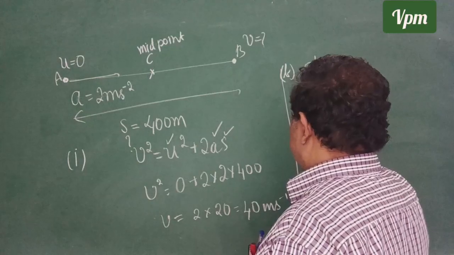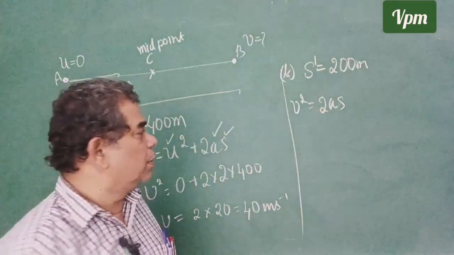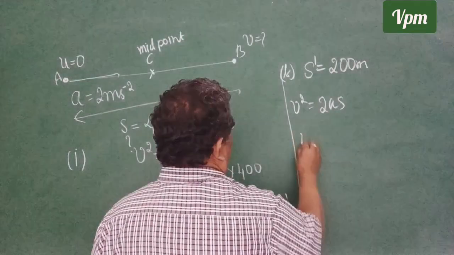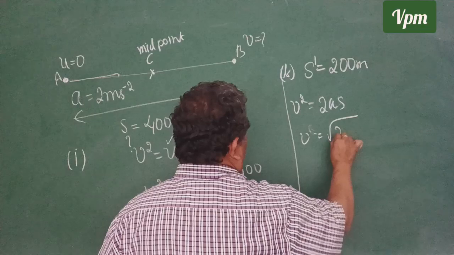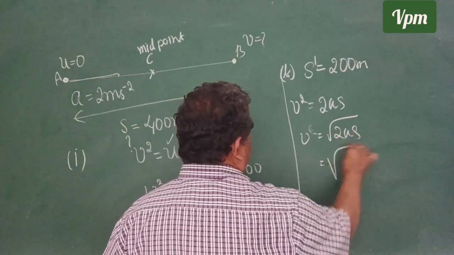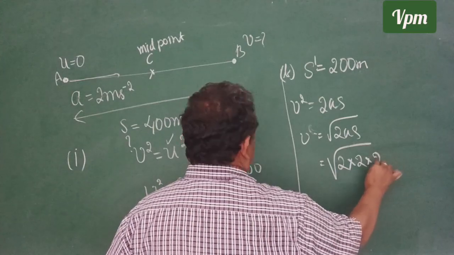V square equals, now I write only 2AS because u is 0, we know. So we start with this. V square equals 2AS, or V equals root of 2AS. We straight away substitute 2 into 2 into midway is 200.